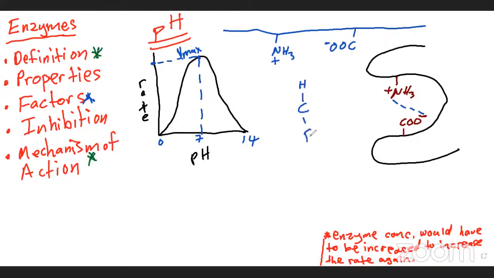This is the general structure of your amino acid. It has a carboxylic group, C double bond O, OH. So this is your acidic group. And this is your basic group, NH2.